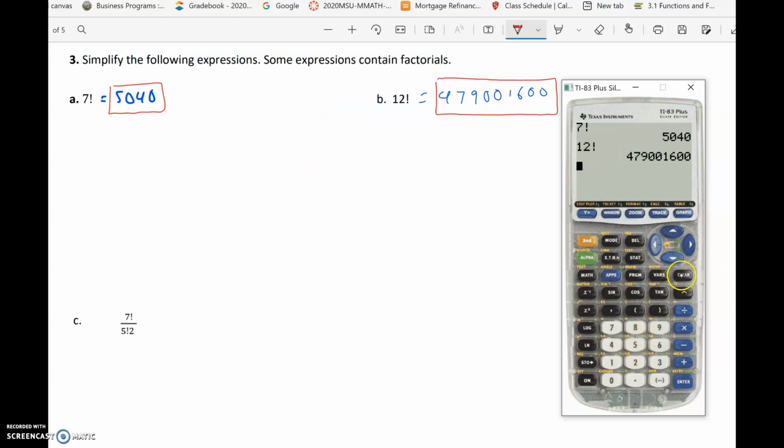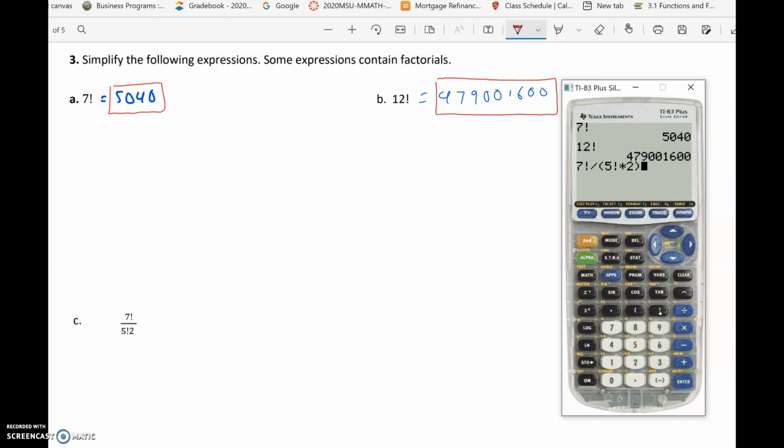Give me just a second. So 7 factorial divided by parentheses 5 factorial. And then this one just has after that times a 2.